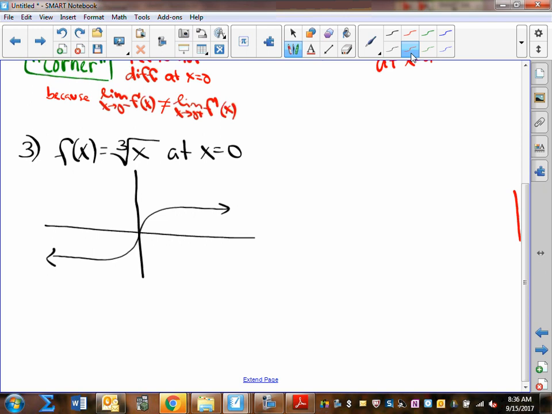So when we look at x equal to 0, and we try to draw our tangent line here, what type of line is that? A vertical. And what is the slope? Because remember, the derivative is the slope of your tangent line. What is the slope of a vertical line? It's undefined. So if I try to do my limit, and my slope is undefined, then my limit does not exist, which means my derivative can't happen. So this is what we call a vertical tangent.